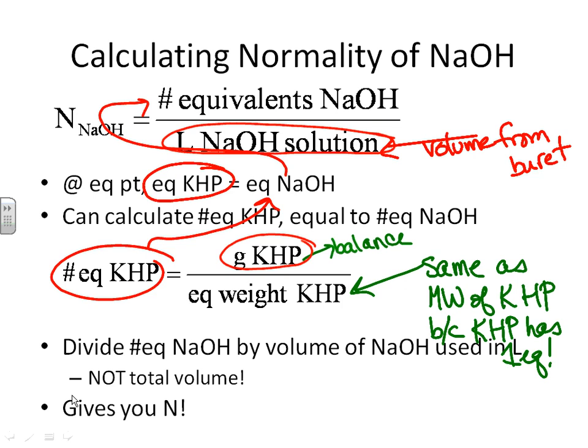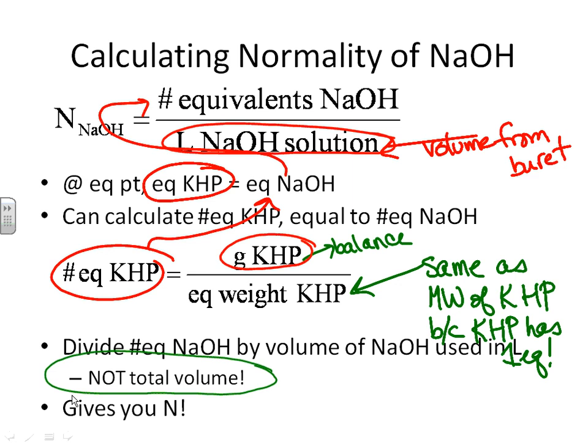A point that I do need to make: the volume that you divide by, the liters of the sodium hydroxide solution, is not the total volume in the flask, because I'm not interested in the normality of the sodium hydroxide in your flask. I am interested in the normality of the sodium hydroxide that is in your burette. Do not use the total volume.